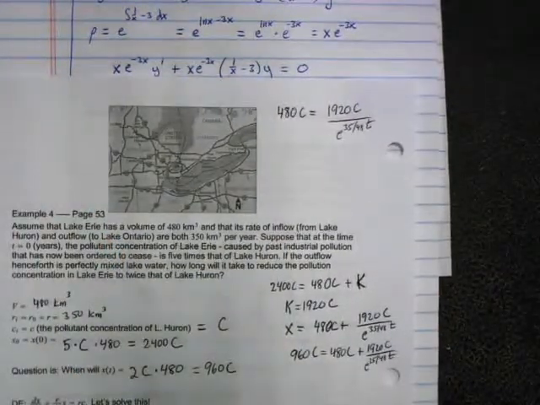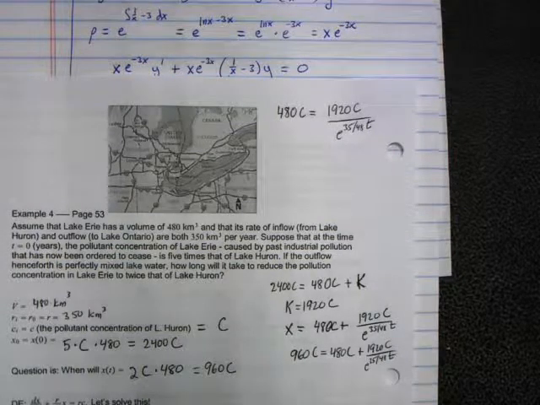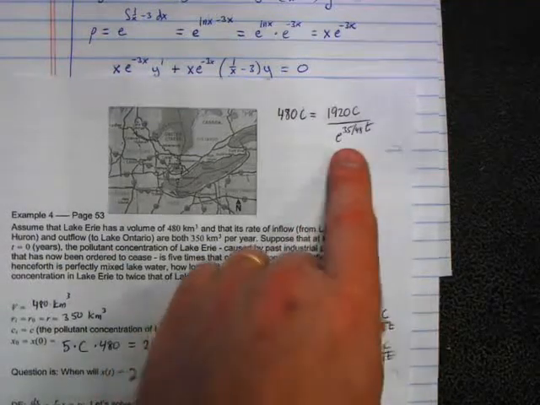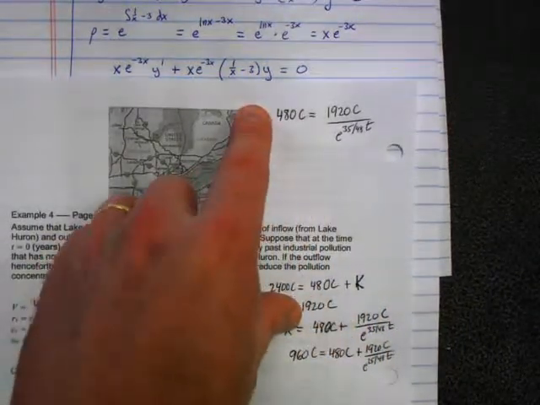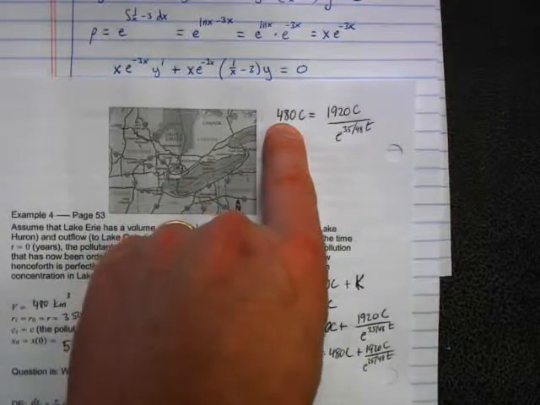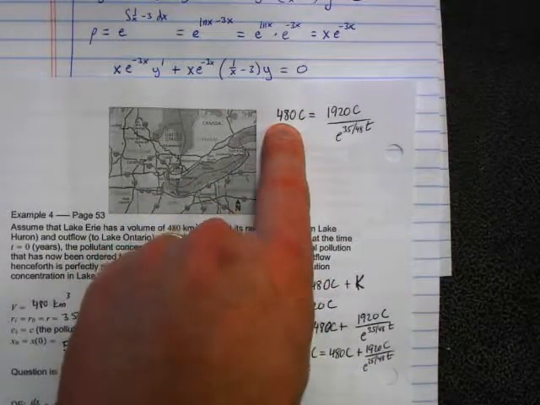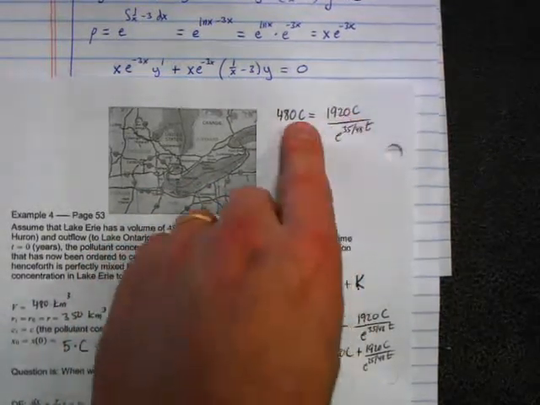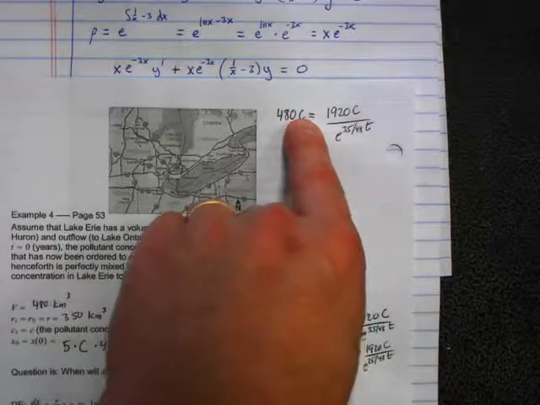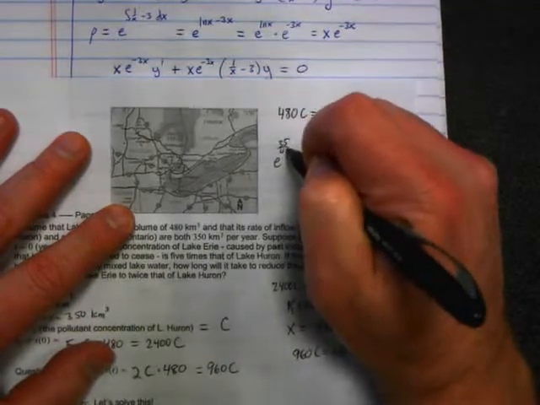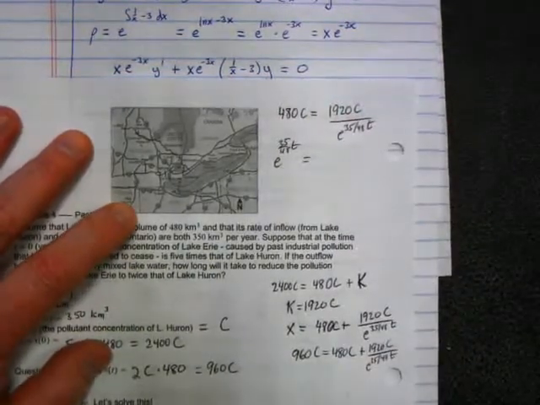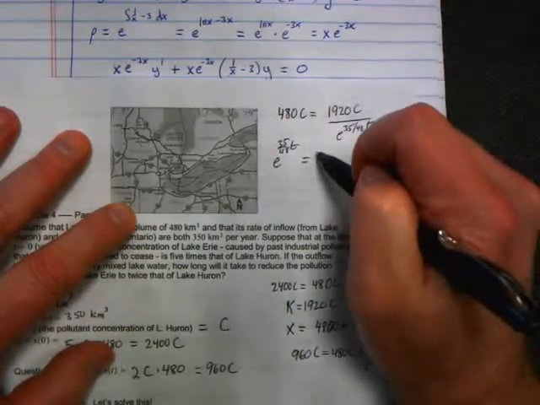How would you solve that equation? Multiply by the e thing, and then divide by that 480c. And notice when you divide by that 480c, that c reduces with that c. The c's finally go away. We don't have to worry about them anymore. e to the 35 over 48 t equals 1920 divided by 480, which is 4.